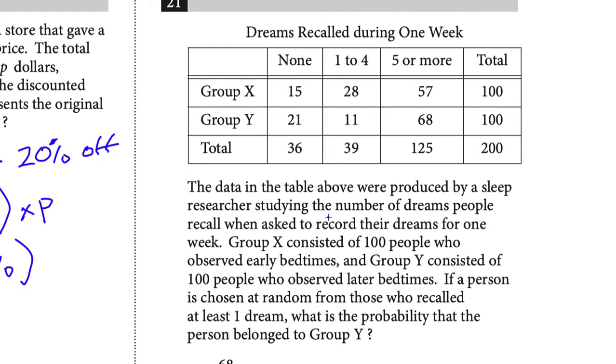So we need to choose a person that has at least 1 dream. Does this group have at least 1 dream? No, this is none. That is definitely less than 1. Does this group have at least 1 dream? Yes. Does this group have at least 1 dream? Yes. So I'm going to be adding up those 2 totals. Calculators out, go. Or if you can just do this in your head, even better.